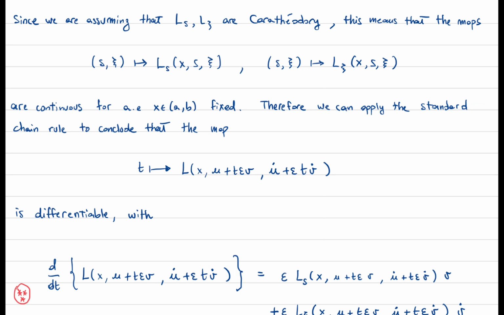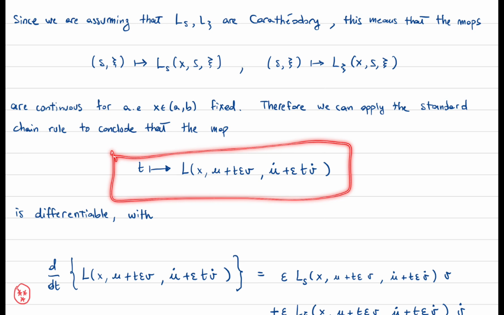First of all, notice that since we are assuming that L_s and L_xi are Caratheodory, this means that these two maps are continuous for almost every x fixed. So this is the definition of a Caratheodory function. And therefore we can apply the standard chain rule to conclude that this map here is differentiable, because this is a map sending t into the variation.